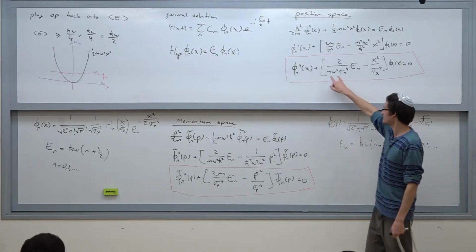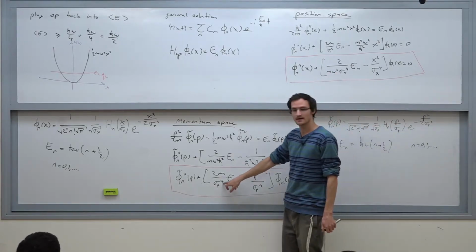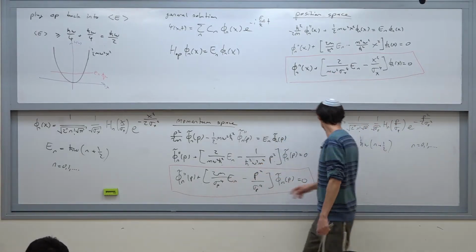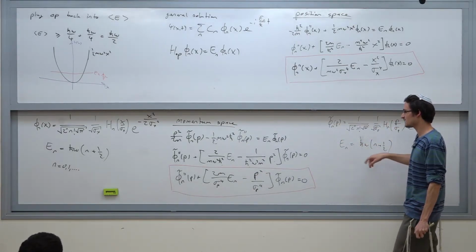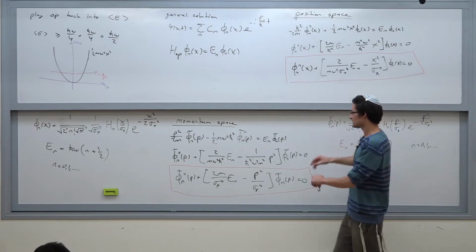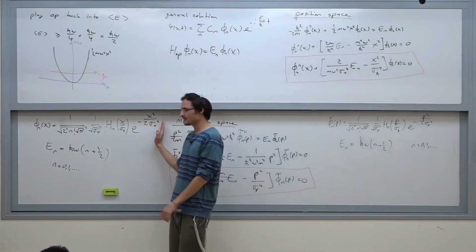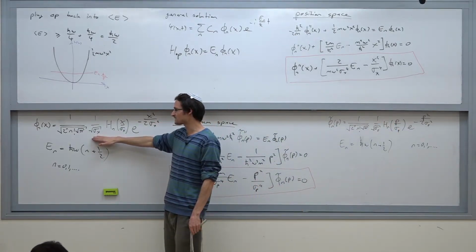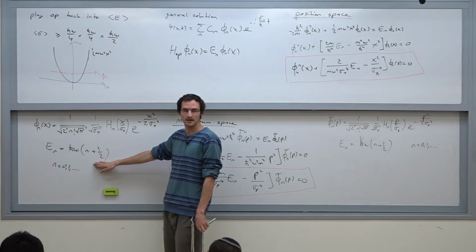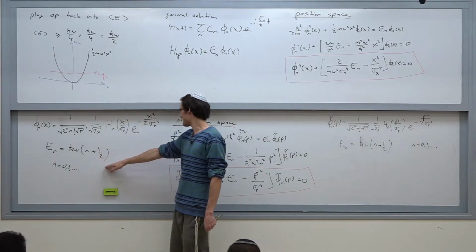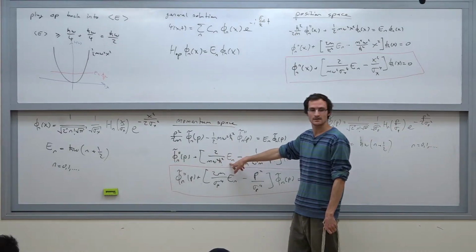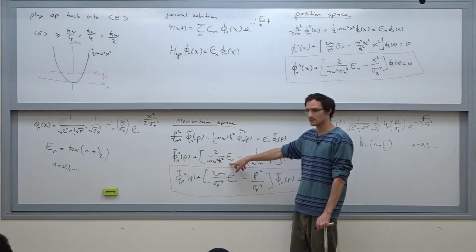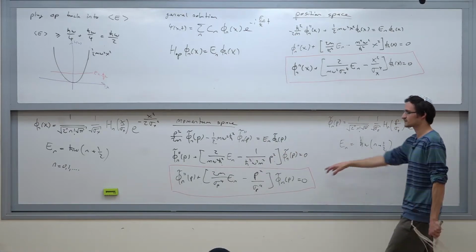The difference is only in the constants here, right? But that is solved by the energy, right? So say you go to here, you found the phi of x and you found the energies, and then you plug the energies into here. I presented the energies as a solution of this equation.